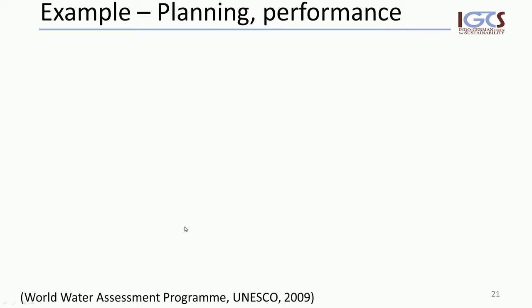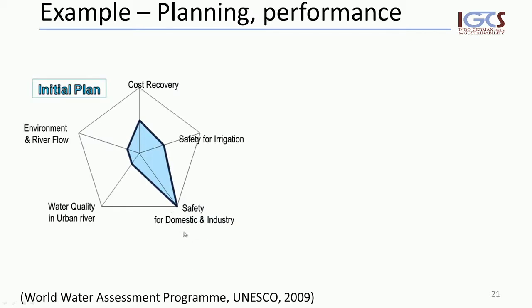Now let's look into examples of planning and performance. We have here the initial situation. What this river basin organization highlighted as their performance indicators was cost recovery, the safety for irrigation, the safety for domestic and industry in terms of water, the water quality in urban areas, and environmental and river flows.